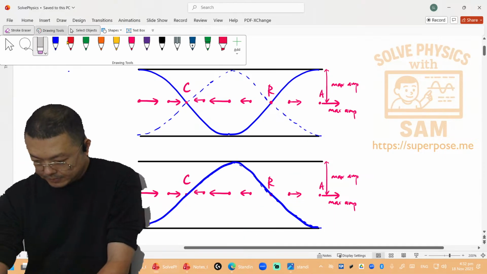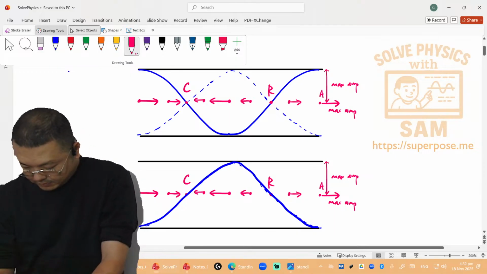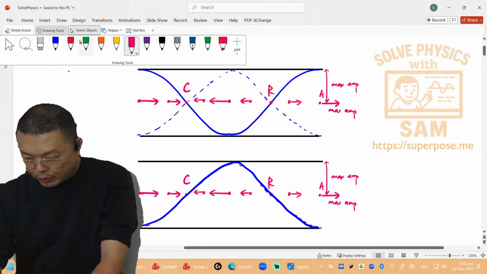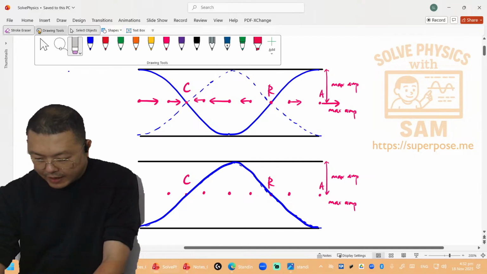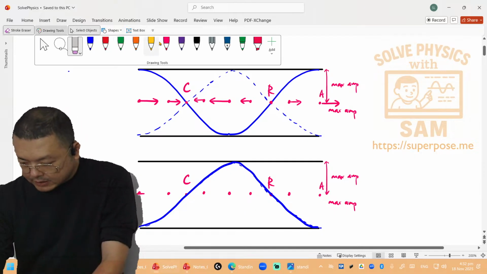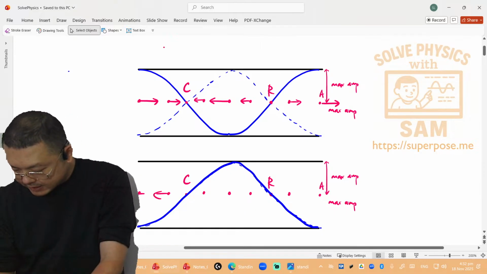So what will happen then? Yeah, the arrows will all reverse. They'll all go the other way around. So what we have is particles that look like this.